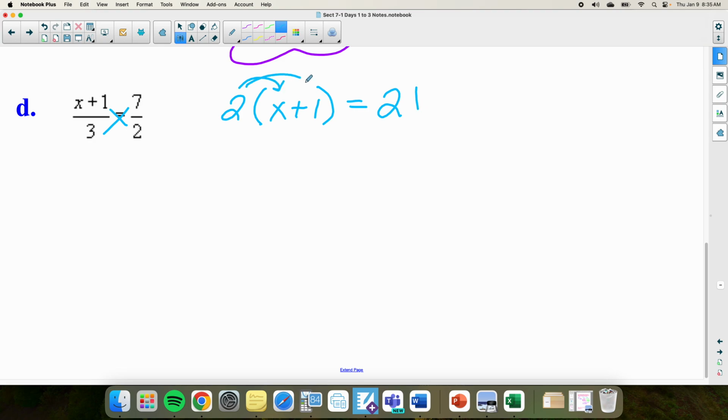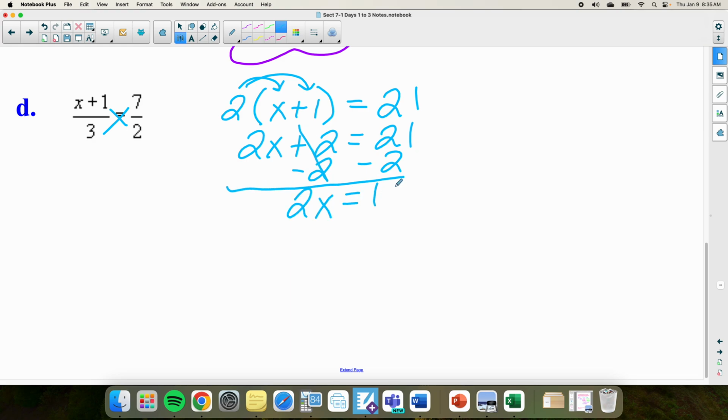So we're gonna distribute here. 2 times x is 2x. 2 times 1 is 2, and that equals 21. And then I'm gonna subtract 2, and 2x equals 19. Divide by 2, and x is 19 halves. You really could leave it like that.